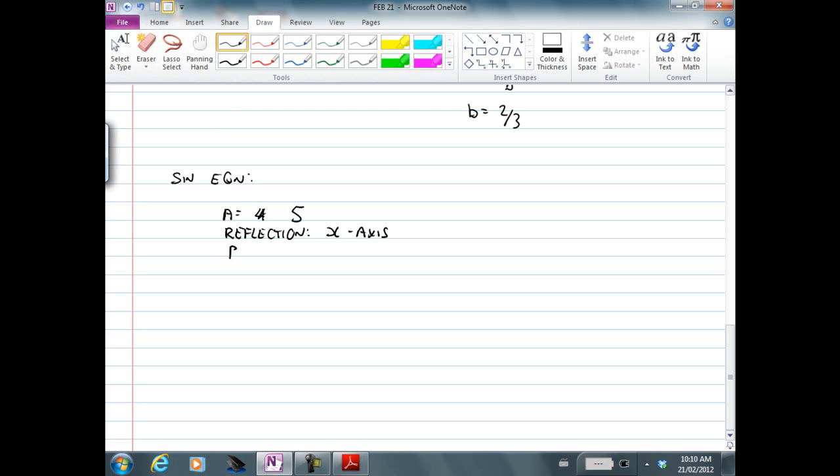My period is 5. Phase shift is 2 left. Or if some of you want, just put -2. My vertical displacement, up 6. Create an equation that has all these properties.